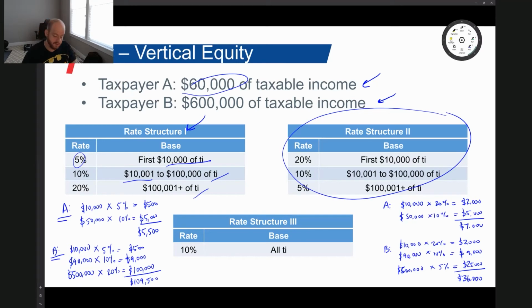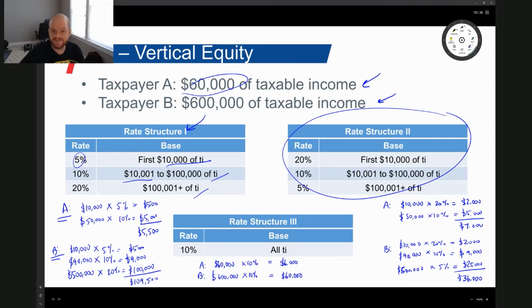Now, how about this final rate structure? A is going to pay 10% of all taxable income for $6,000, and B is going to pay 10% of $600,000 for $60,000.